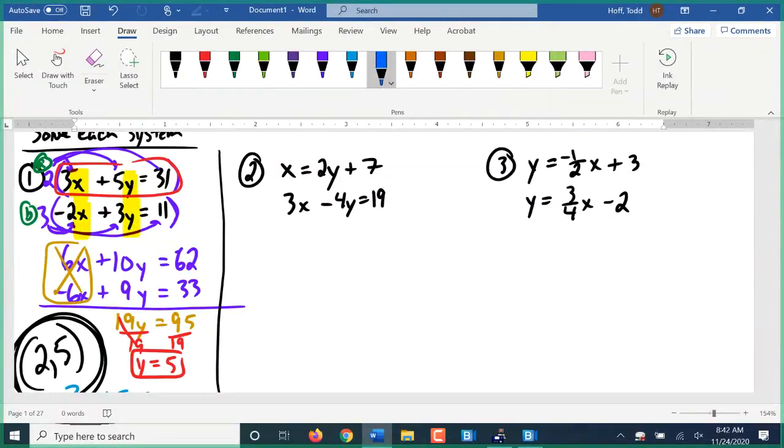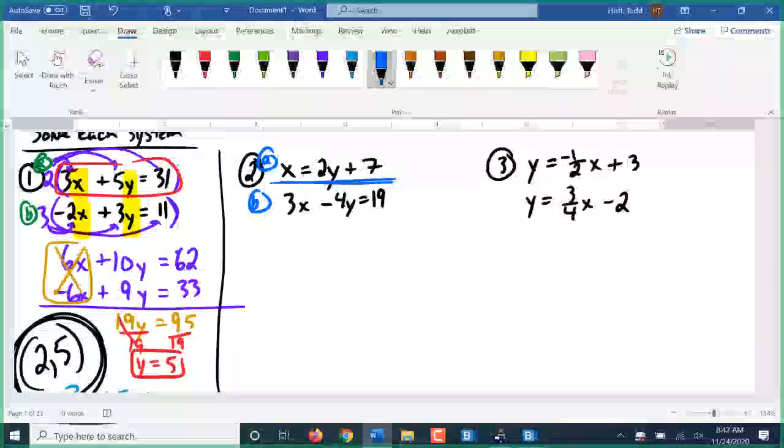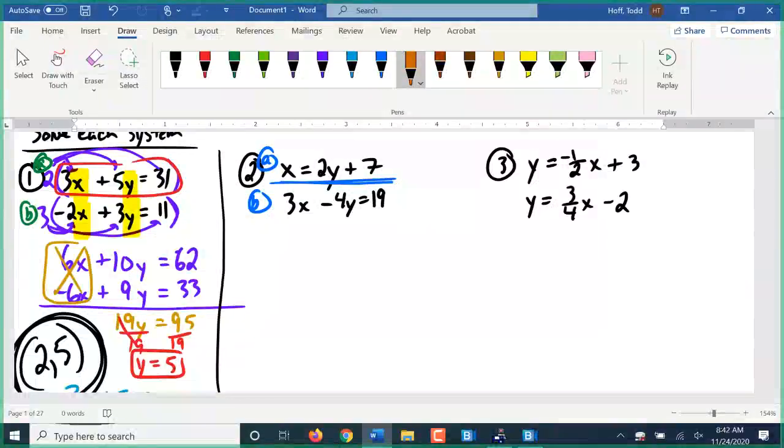The top equation, equation A, is already solved for x. So if I want to use substitution, all I have to do is put that into equation B where the x is. So instead of 3x, I can write in 3 times 2y plus 7, minus 4y equals 19.